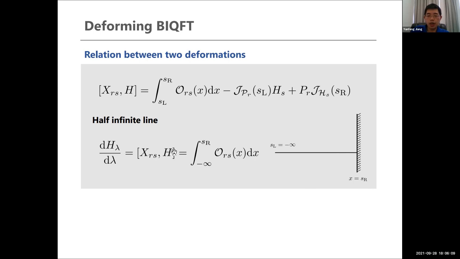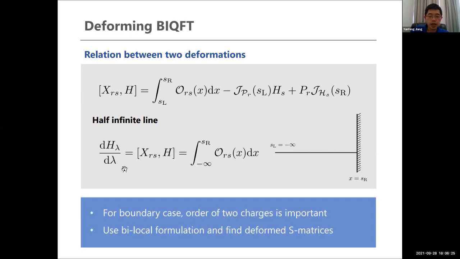So in this semi-infinite volume, these two deformations are really the same. We can use either one to study the deformed S matrix, and it turns out to be more convenient to use the bilocal construction.